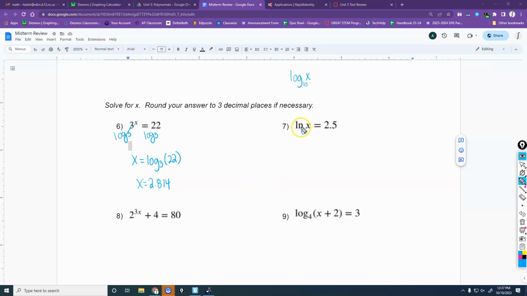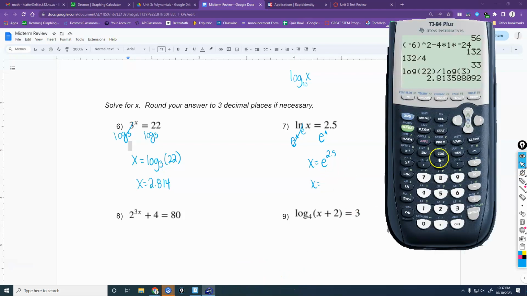So to get rid of natural log, we got to do e to the power on both sides. So x is going to equal e to the 2.5, which we can type into the calculator. So e to the 2.5 is going to be 12.182.